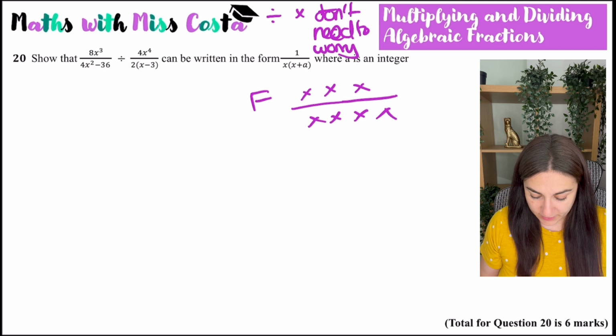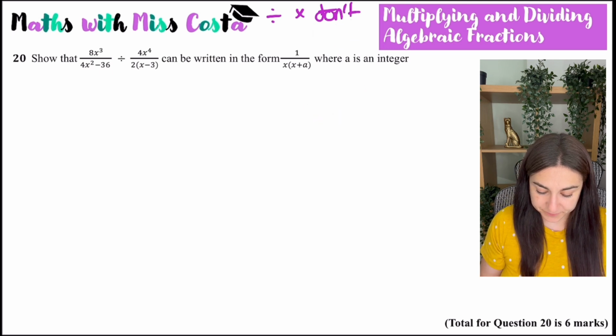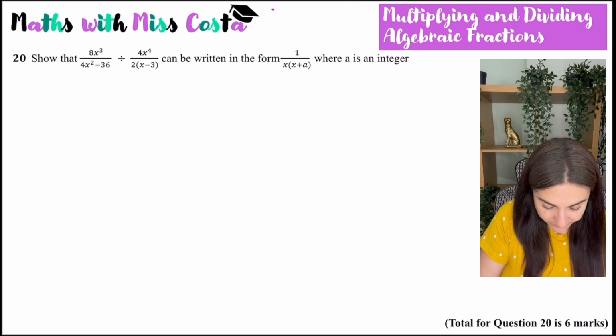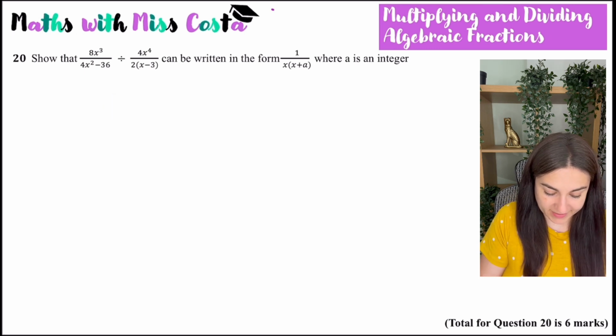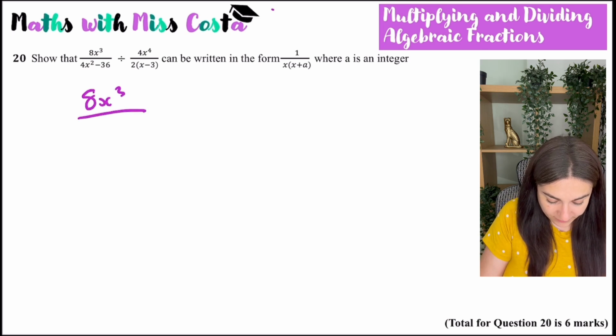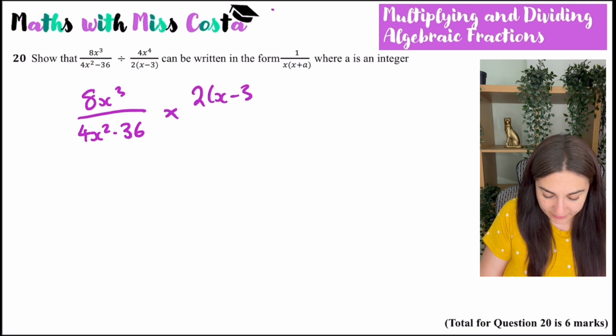So all we're going to do is keep the first fraction as it is, change the second fraction. So 8x cubed divided by 4x squared minus 36 times 2x minus 3 over 4x to the power of 4.